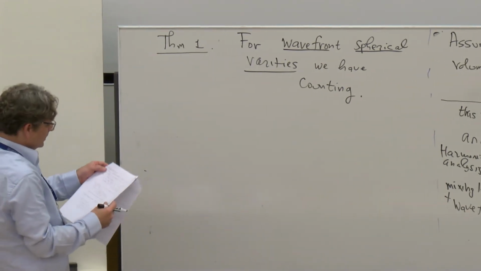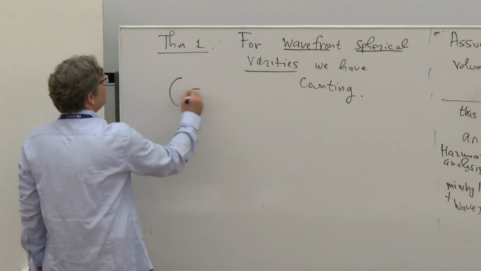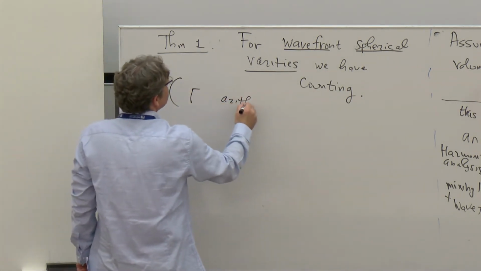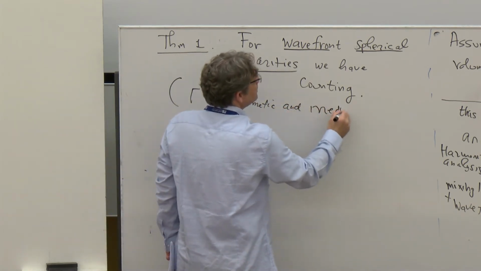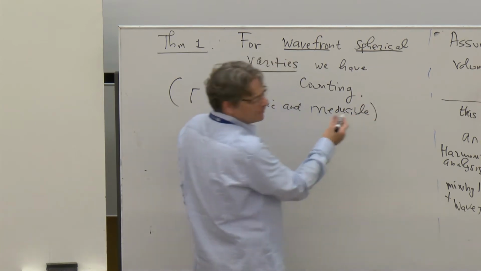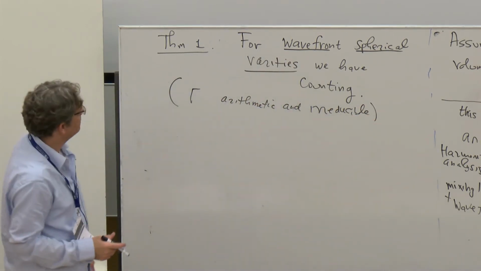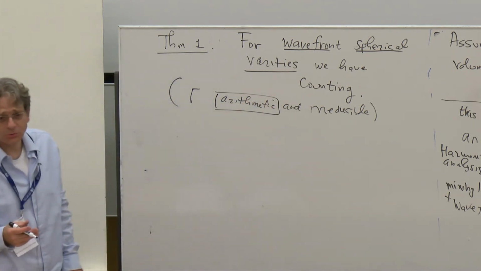So at the moment we need to make some assumptions, but I think that they can be removed. So the assumption on the lattice is that gamma is arithmetic and irreducible. The irreducibility is part of the game. It's in some way unavoidable. The arithmeticity, of course, is only a rank 1 issue.